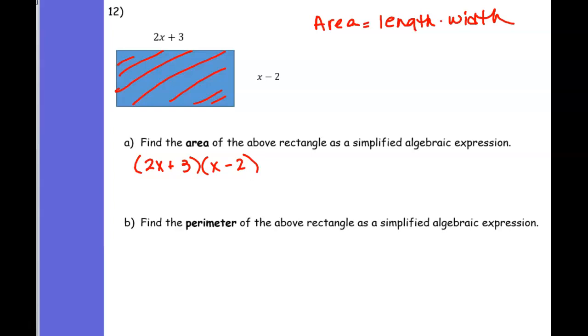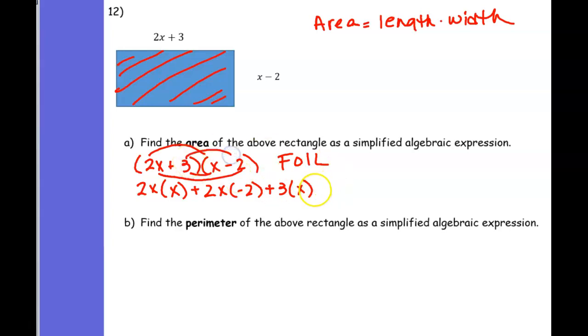So now we've got a binomial times a binomial. We want to FOIL it. So we're going to take our first, and we get 2x times x. The outer would be 2x times negative 1. Our inner would be 3 times x. And our last would be 3 times negative 2. Okay, we're going to multiply.